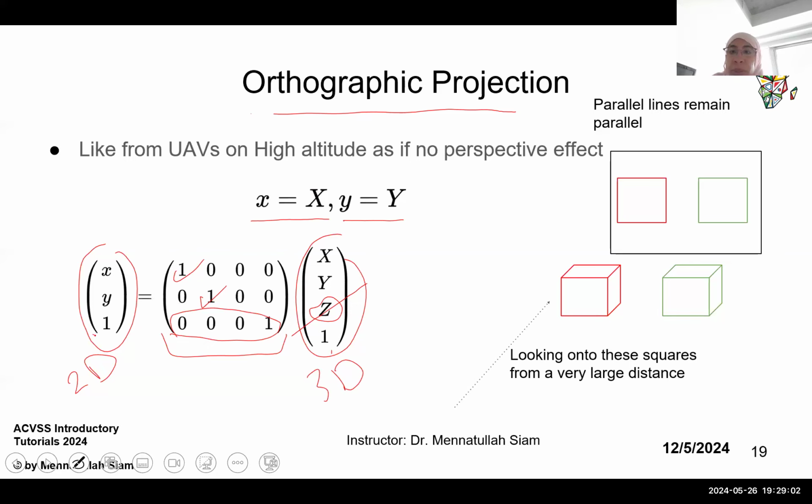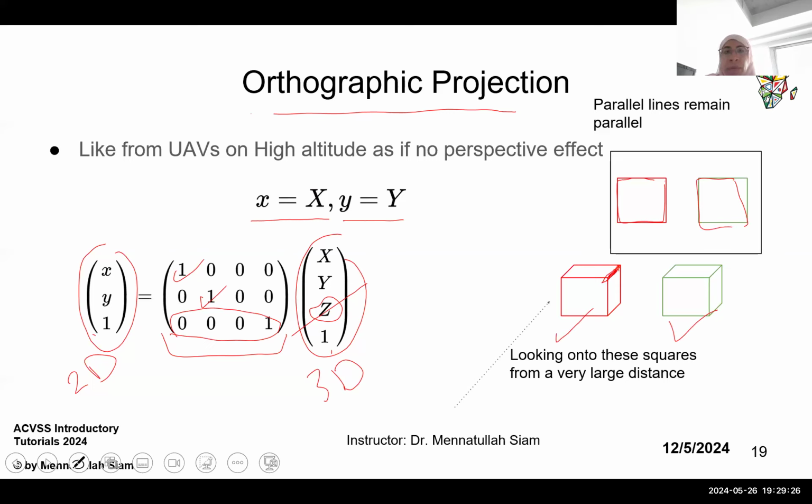Okay, so this means, for example, if I have these cubes and I'm trying to do orthographic projection, it just becomes these small squares, because you completely ignored the depth component here.